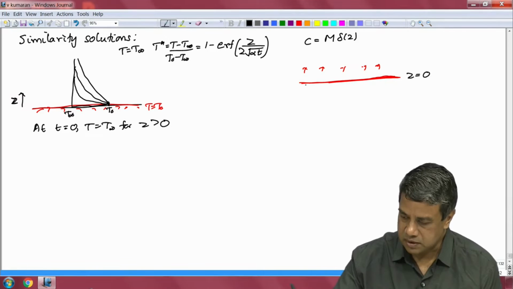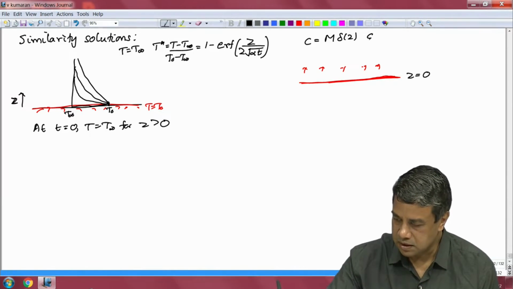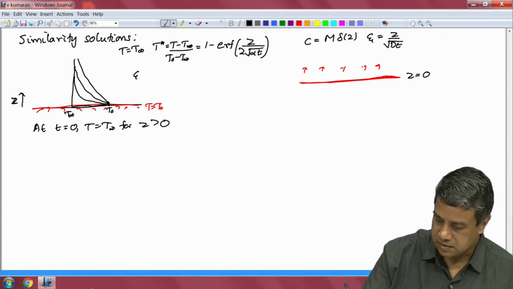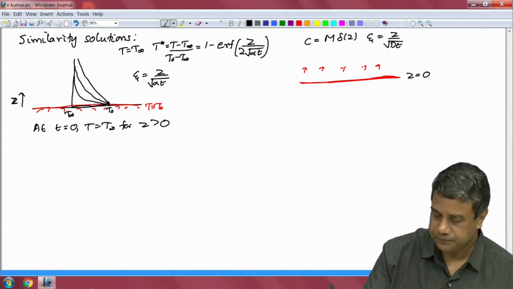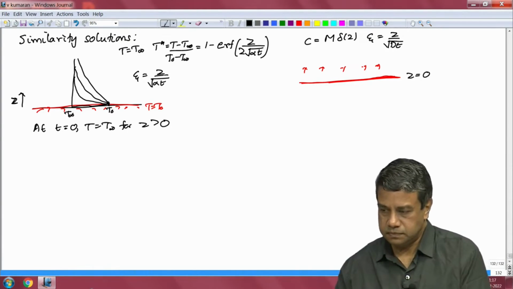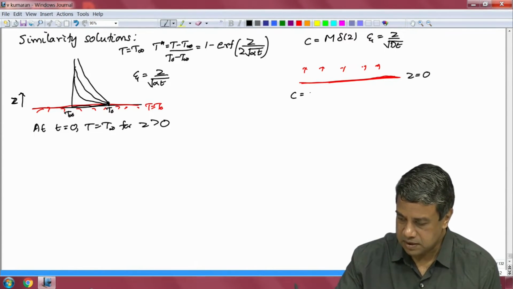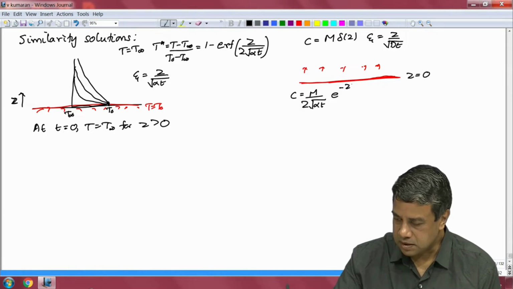We got a similarity solution using the similarity variable z by root alpha t. And the solution that we got was that C is equal to m by 2 root alpha t e power minus z square by 4 alpha t.